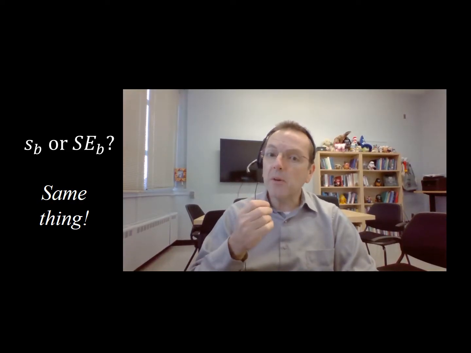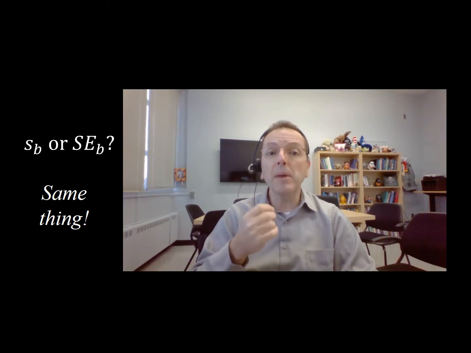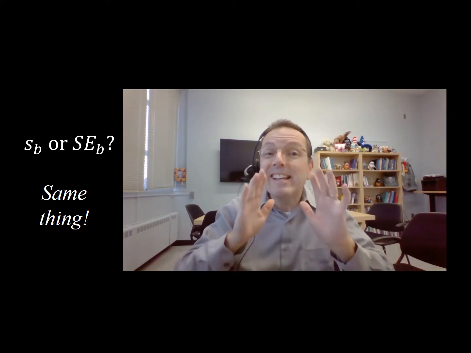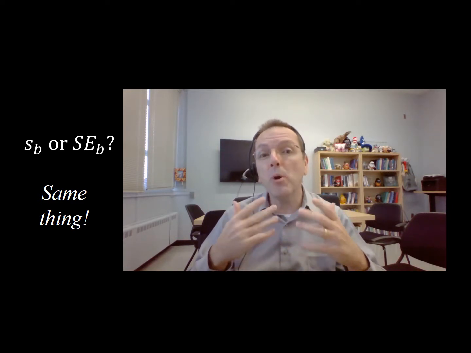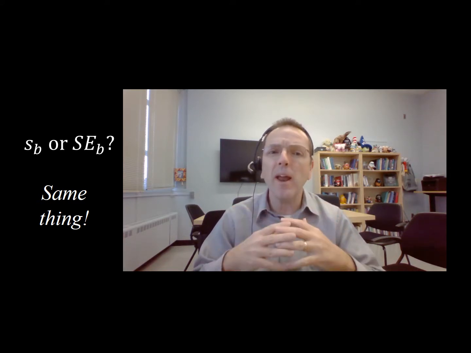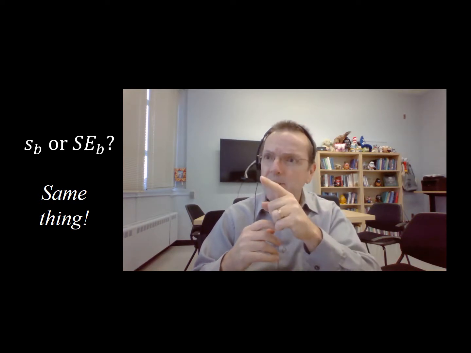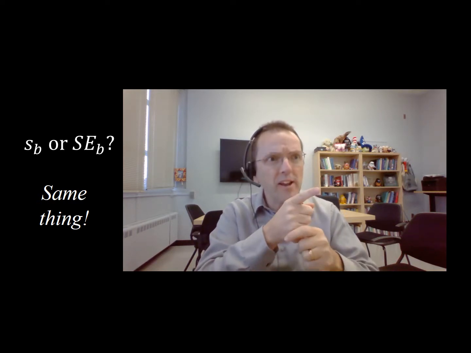You may also see it written as se sub b. Don't worry, it's the exact same thing. Different sources, sometimes even the same source, may use both notations at times, particularly if there's a lot of S's floating around and they want to make the distinction between those standard deviations and those standard errors.